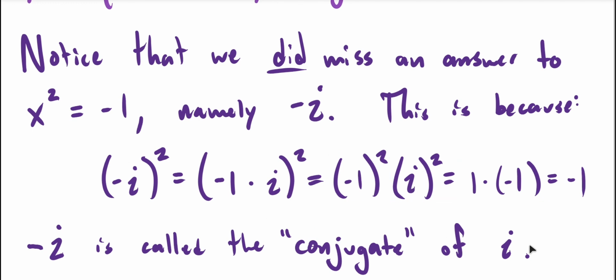All of the properties of exponents and all of the properties that you're familiar with from algebra are also going to apply to i and the complex numbers as well. Now, this negative i is actually pretty important. It's called the conjugate of i, and in the next few videos, we'll come back to conjugates and see why they're important. But for right now, we should just note that there was this additional solution of negative i that we could have gotten to this equation.